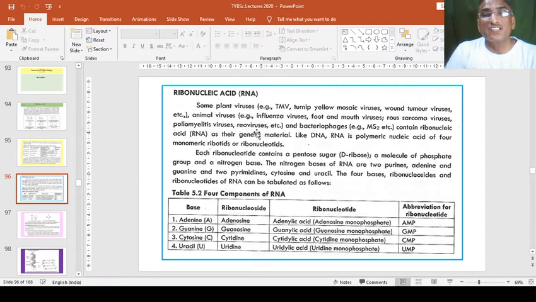For example, HIV is a retrovirus, and bacteriophages, for example MS2, etc.